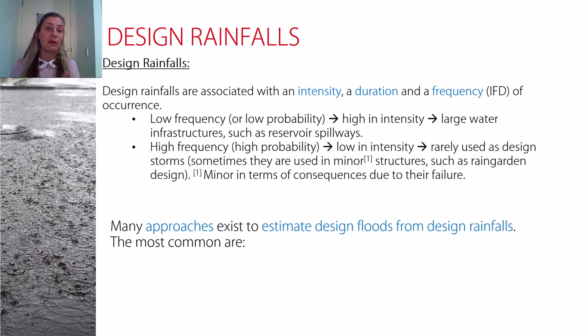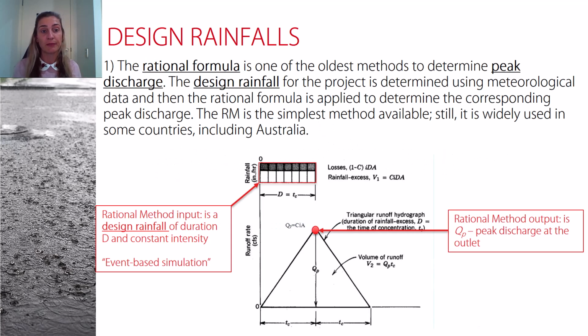Now we will be discussing various methods to estimate design floods from design rainfalls, and here I'm going to list the four methods that we'll be looking at in this course. The first one is the rational formula. It's a very simple mathematical formula that will use a design rainfall as input together with some simplified characteristics of the catchment, and it will result in a peak discharge.